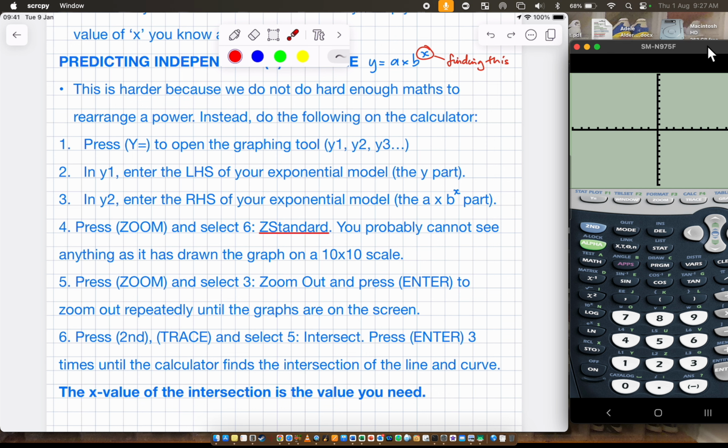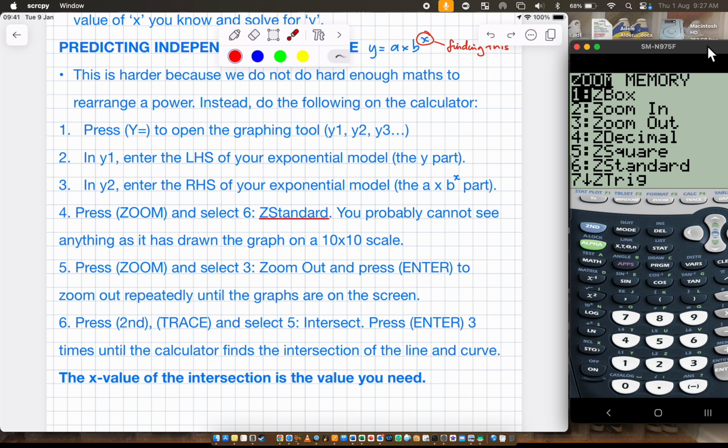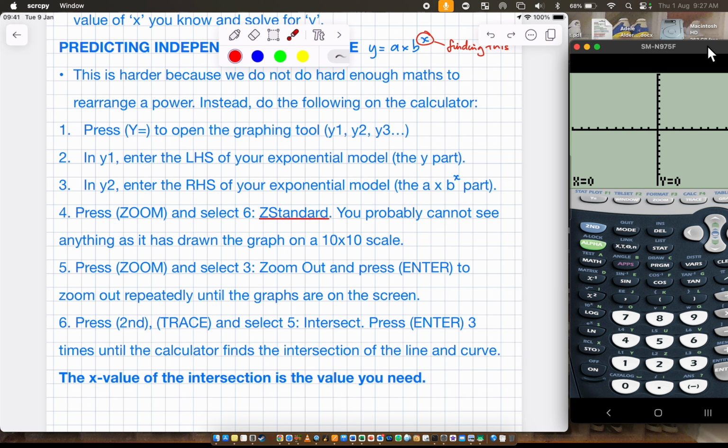So what you do now, the remaining steps, you zoom out. You just keep zooming out until you see where they cross over. Can I see where they cross over yet? I can see where it curves, but I don't see the horizontal line. So zoom out again. Can I see the horizontal line yet? I just see the curve.